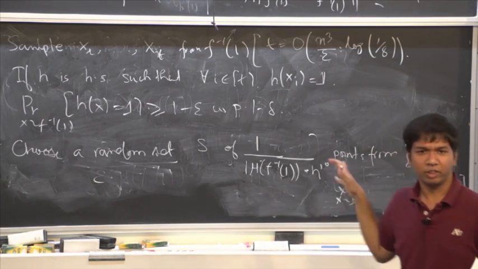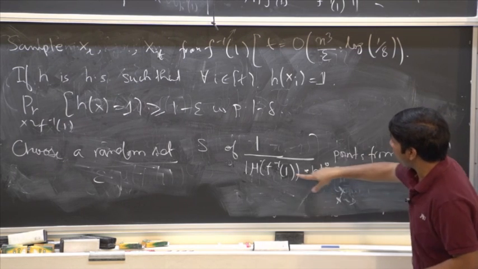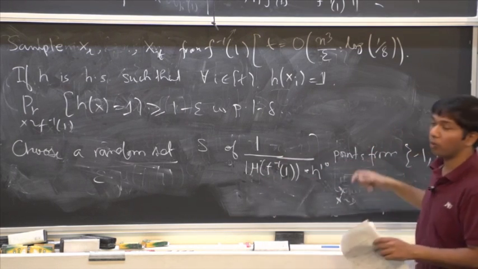You can't do this, but suppose you just chose 1 over n to the 10 times mu f inverse 1 points from the hypercube.